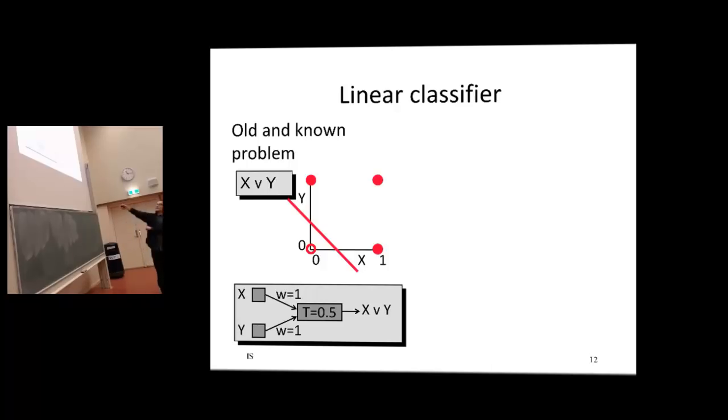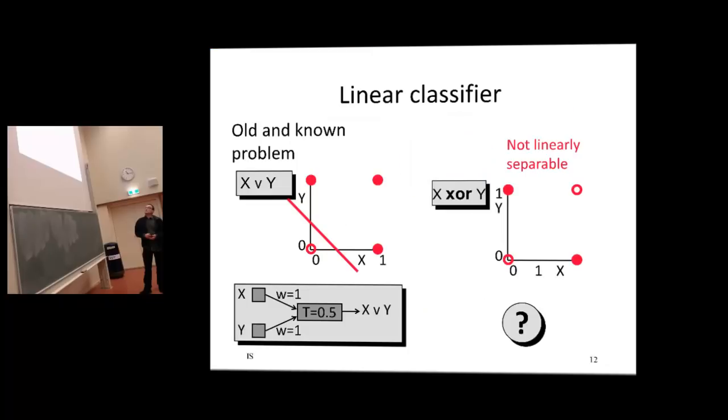And then it is clear that if we just have a line that distinguishes between these 3 points and the 0, then we have found a linear classifier to decide whether something is true according to this formula or not. But then there's the operator XOR, which is true if one of them is true but not both.